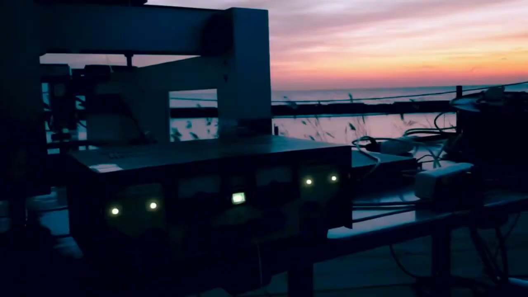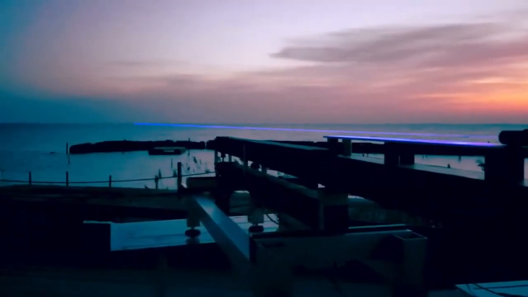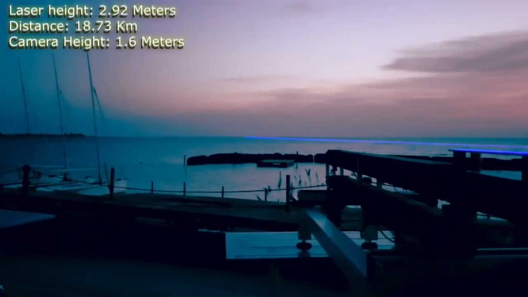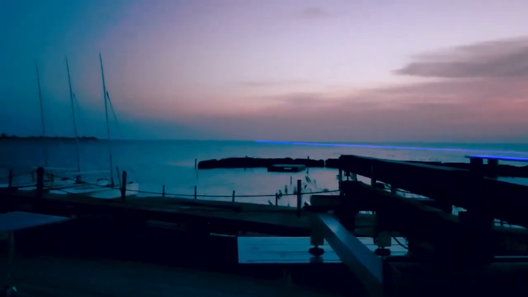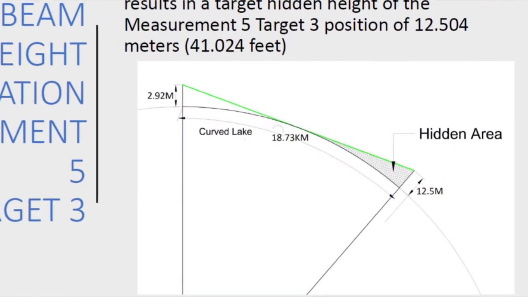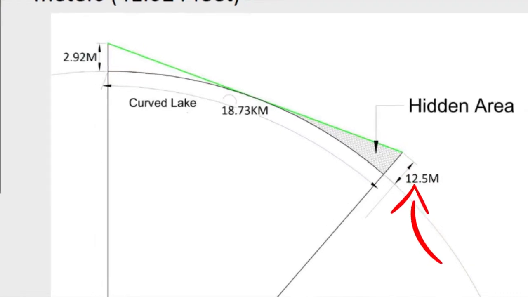The 18.73 kilometer calculation based upon the WGS-84 geoid model results in a target hidden height for measurement 5, Lake ISIL, target 3 location of 12.504 meters or 41.024 feet.